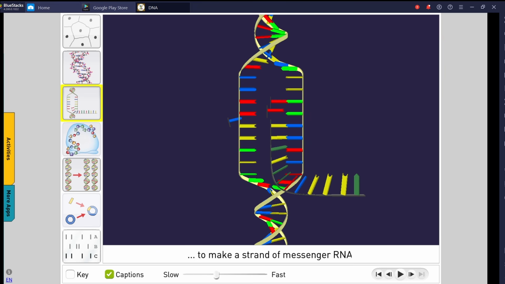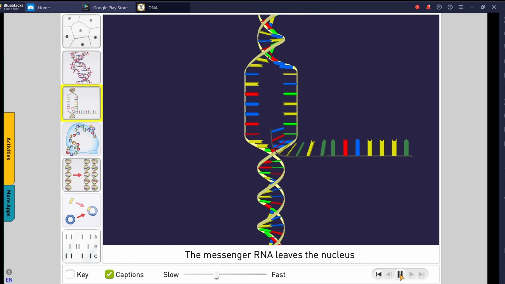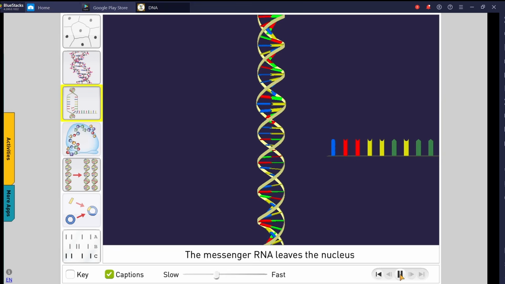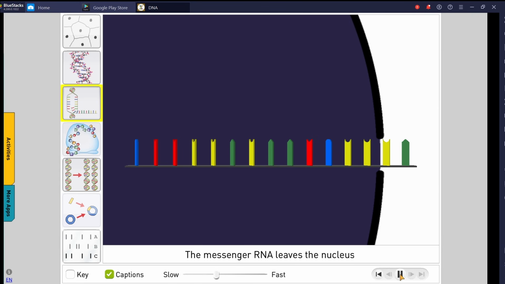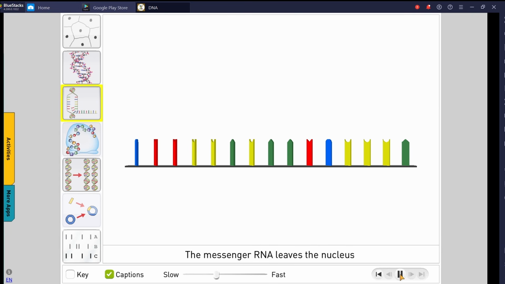In short, dito, wala na dapat thymine sa lalabas na messenger RNA. So, once na nakopy na niya, nakuha na niya yung kailangan niya, lalabas na si messenger RNA sa nucleus at pupunta na siya sa next step.